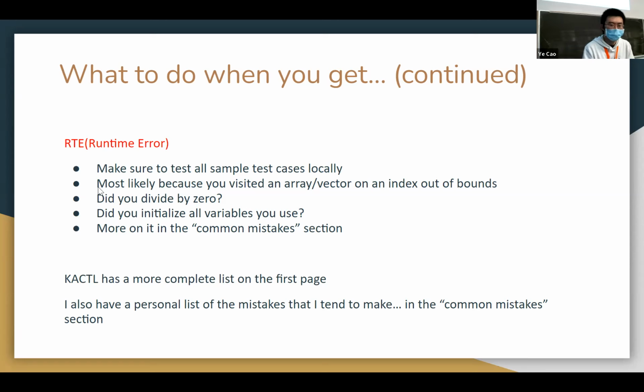Did you divide by 0? That is another common mistake, that whenever something is 0, that sometimes deserves special treatment. So consider that. Did you initialize all the variables you use?